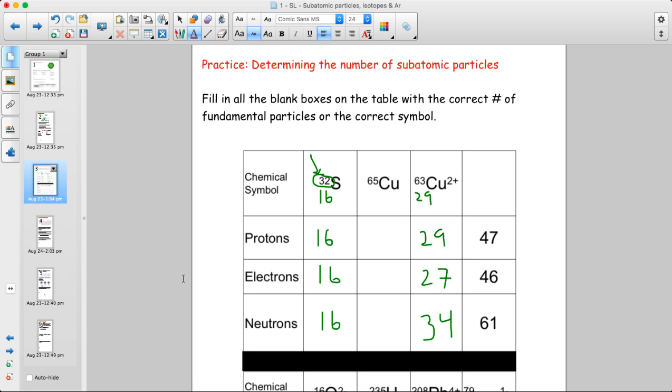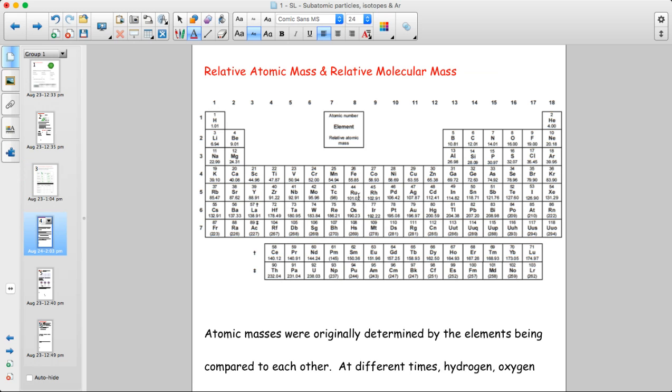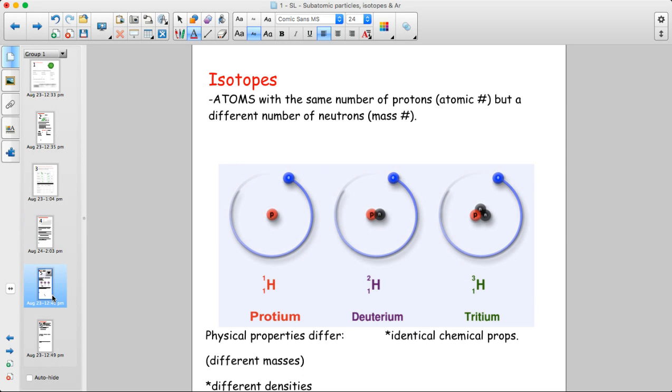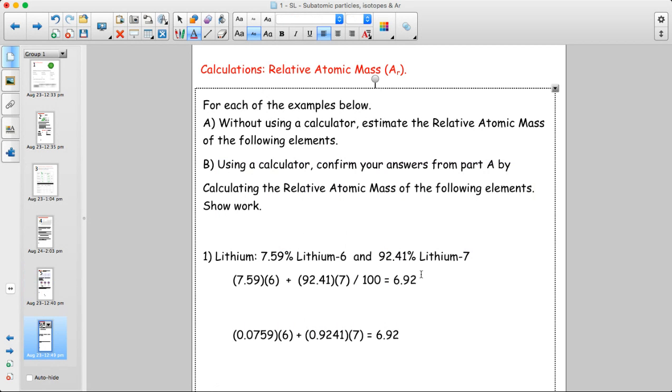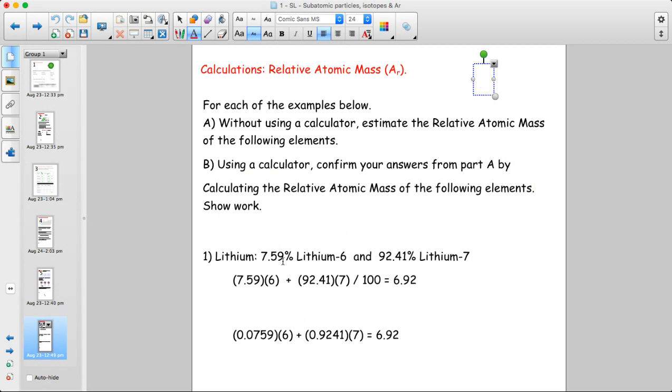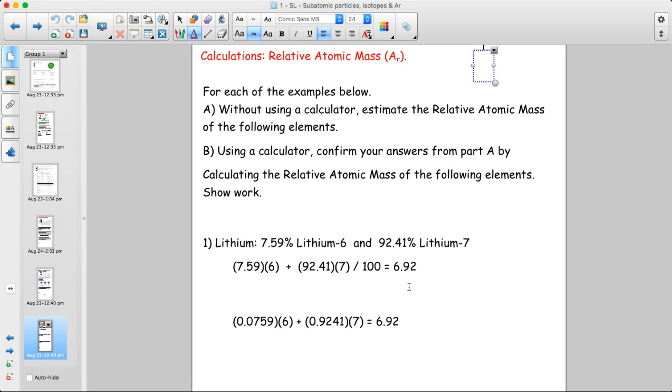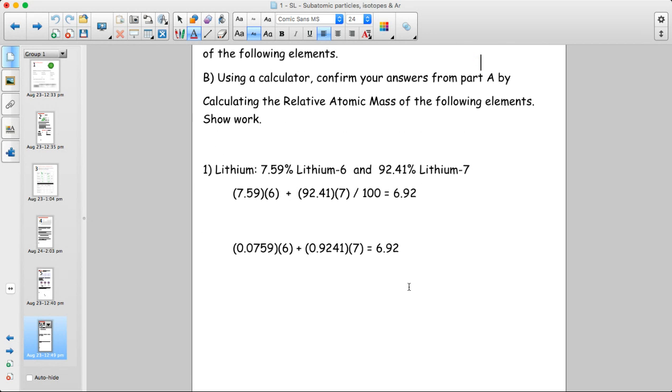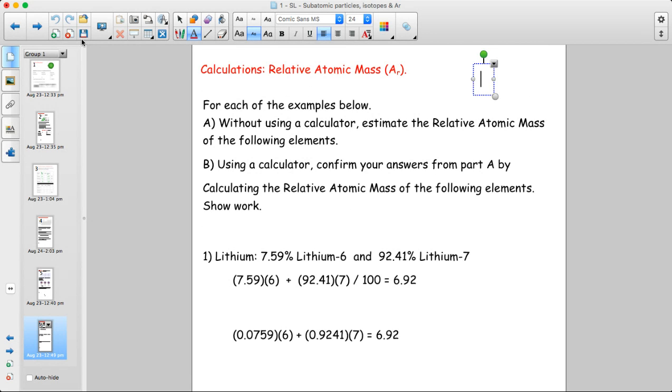And then on the actual periodic table, we don't get mass numbers, we get relative atomic masses, which usually have these decimal places, and that's due to the presence of different isotopes, atoms with the same number of protons but different number of neutrons. And a very common question type is to be given the percent abundance of different isotopes and to have to calculate what the relative atomic mass is, what the average mass is based on 2, 3, or even 4 isotopes. Okay? And we will do some more practice with that in class.